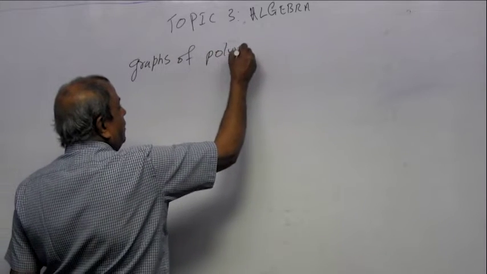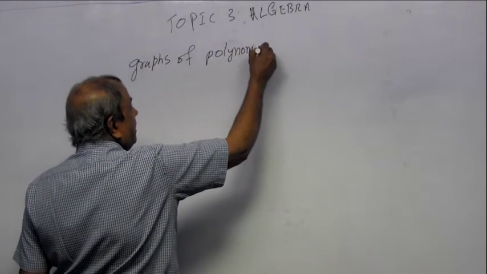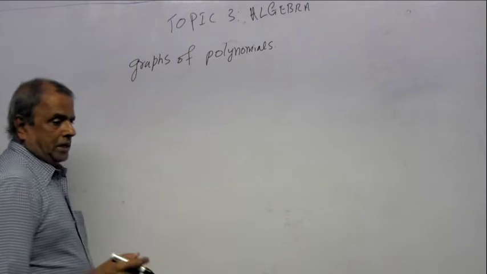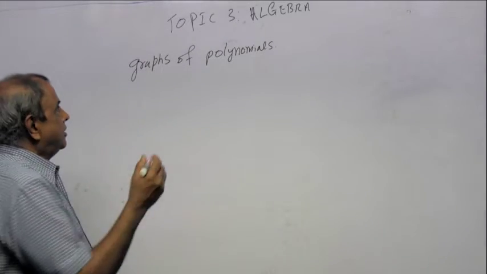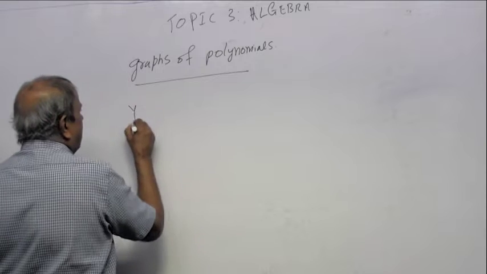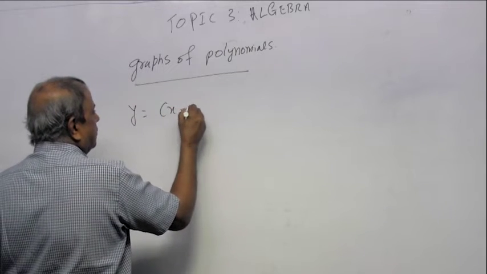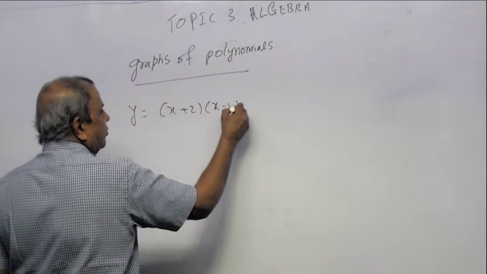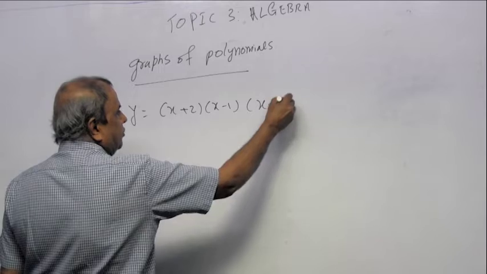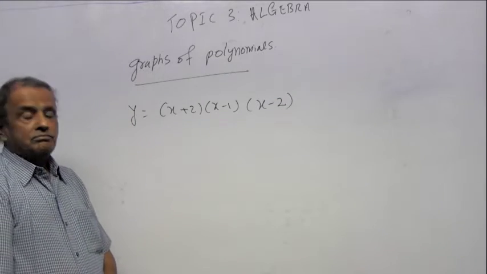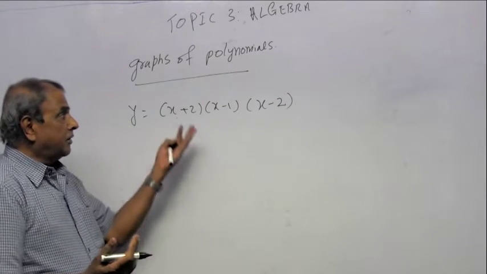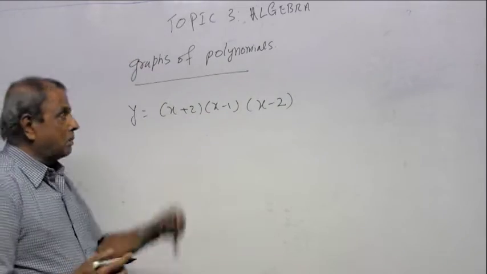Normally, we will not go beyond power 4 at A level. So for example, let's say you got y is equal to x plus 2 times x minus 1 times x minus 2. Something like that. Just have to sketch the graph. Later on, we'll look at maximum, minimum, everything.